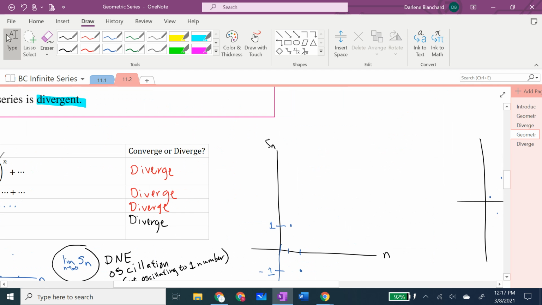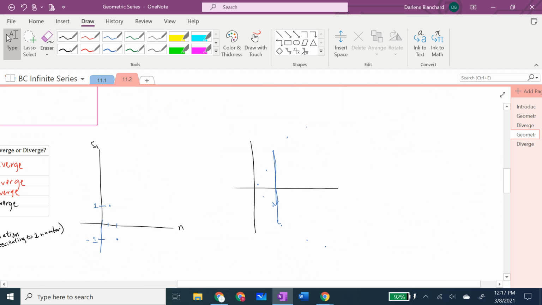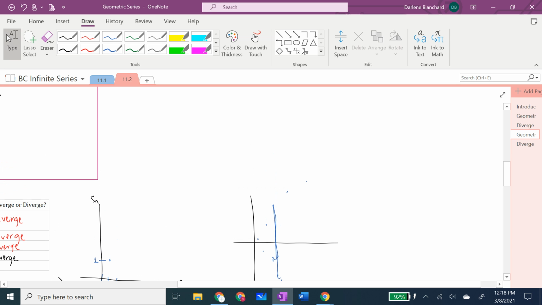Or even crazier, just heads toward infinity. Oscillating or not, this multiplication by the negative 4/3, if it was just times positive 4/3, the sum would be heading to infinity and going up even faster than this one is.